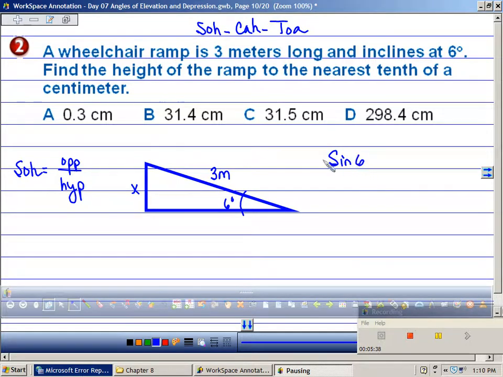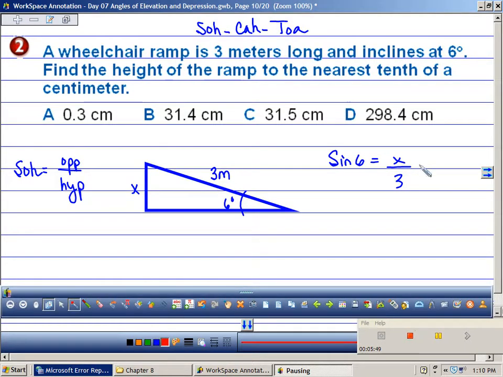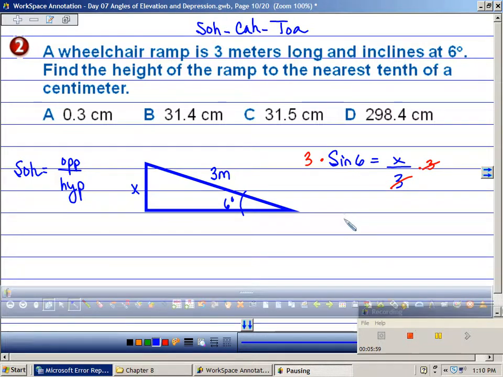The angle also always goes with that trig function. Sine of 6 equals, opposite is x over 3. How do I solve for this? Multiply both sides by 3. Not sin, sine. So 3 times the sine of 6 will equal x.